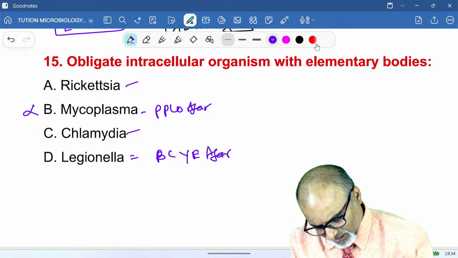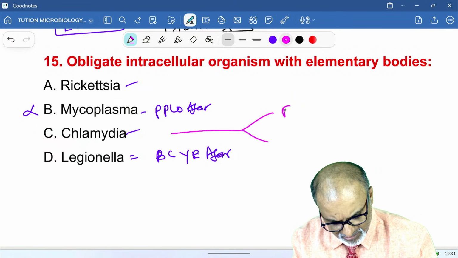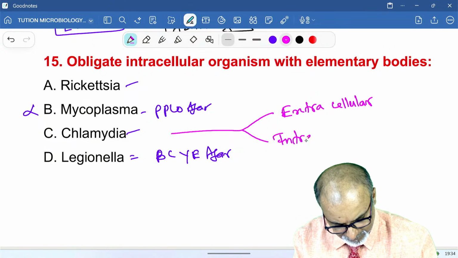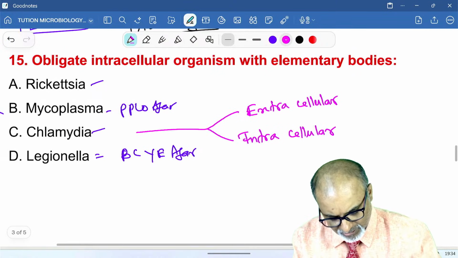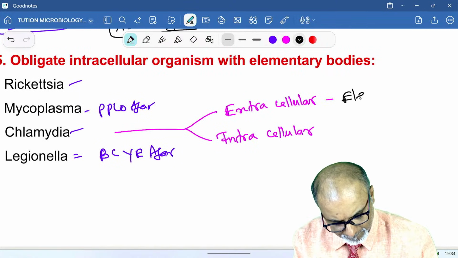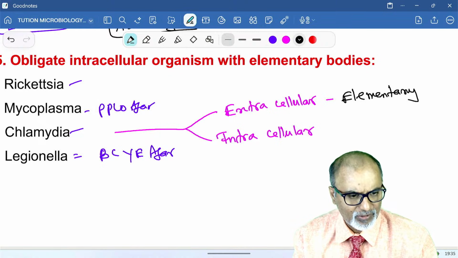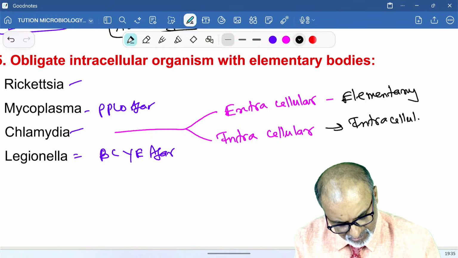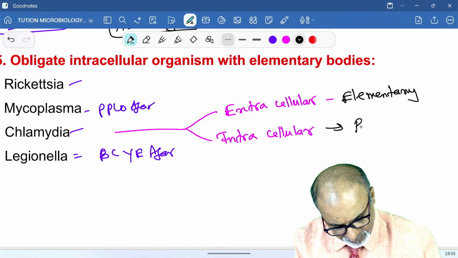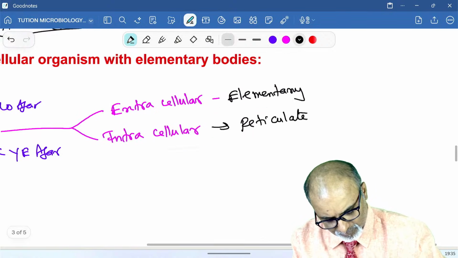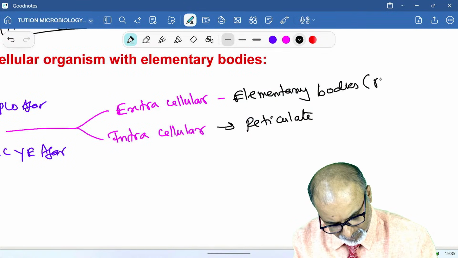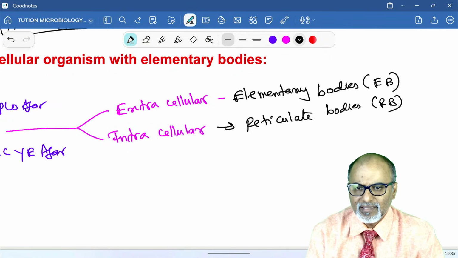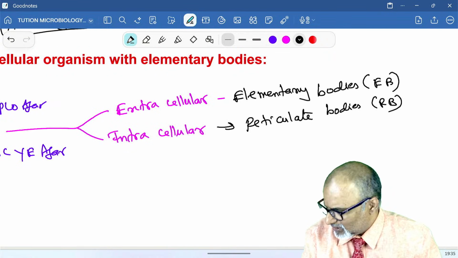Rickettsia and Chlamydia are. Chlamydia is available in two forms: extracellular elementary bodies and intracellular reticulate bodies.